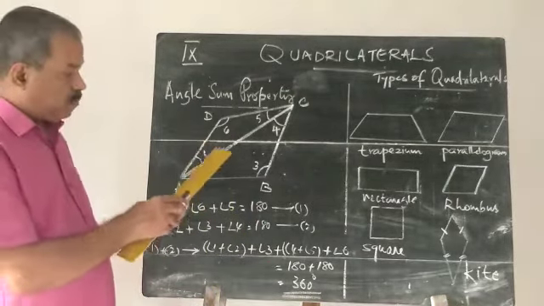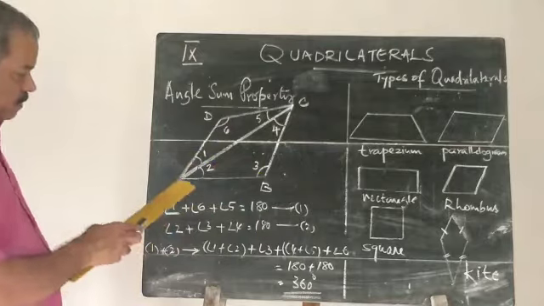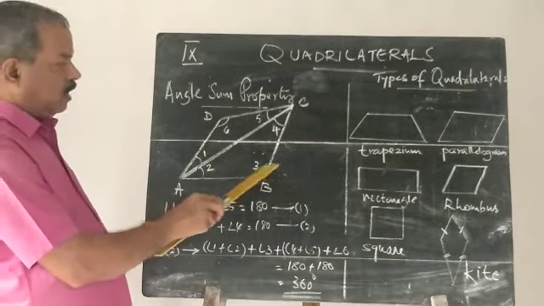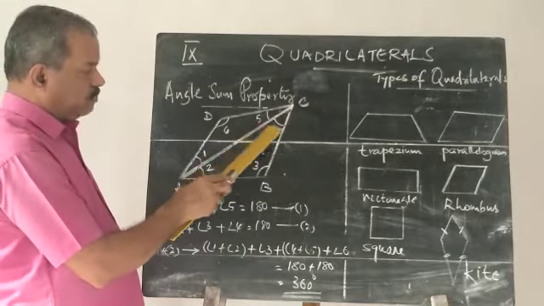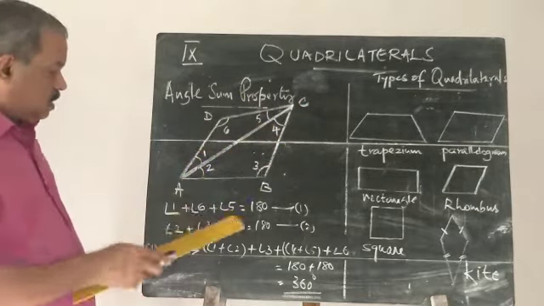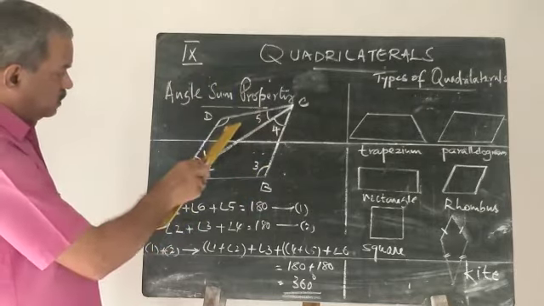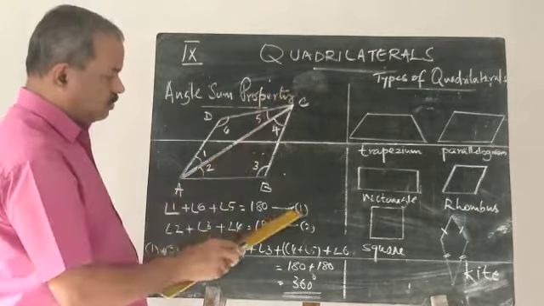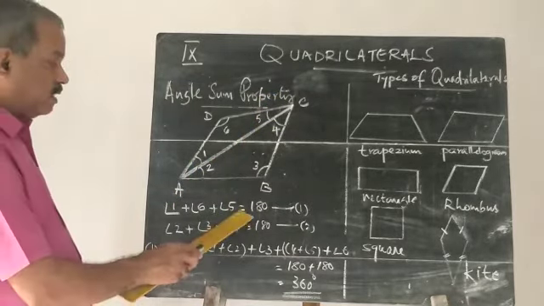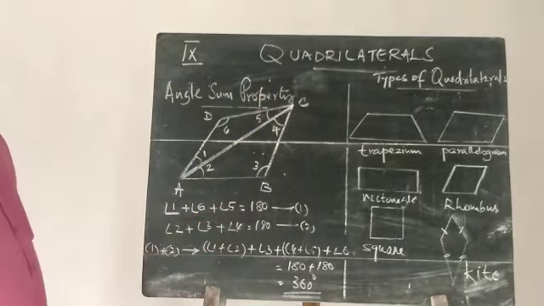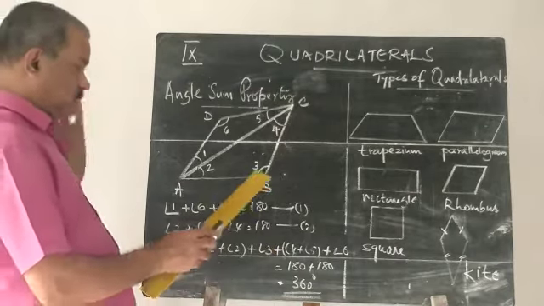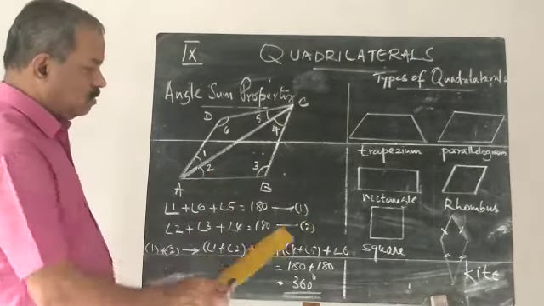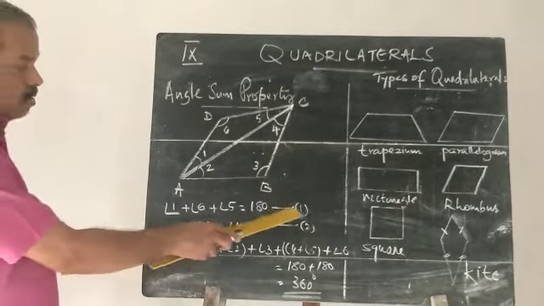The proof: we can prove this result using this idea. See, we can split angle A into angles 1 and 2. Angle B is 3. Angle C can also be split into 4 and 5, and angle D is 6. Angle 1 plus angle 6 plus angle 5 is equal to 180 degrees, by the angle sum property of the triangle. Using the same reason, angle 2 plus angle 3 plus angle 4 is equal to 180 degrees.